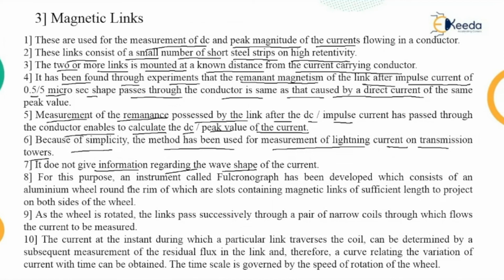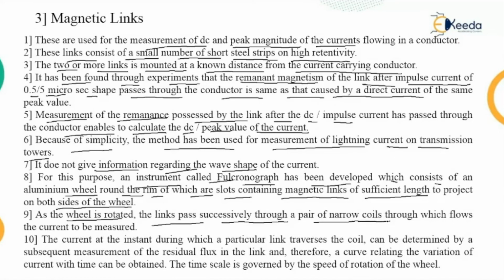For this purpose, an instrument called a fulchronograph has been developed, which consists of an aluminum wheel, round the rim of which are slots containing magnetic links of sufficient length to project on both sides of the wheel. As the wheel is rotated, the links pass successively through a pair of narrow coils through which flows the current to be measured.